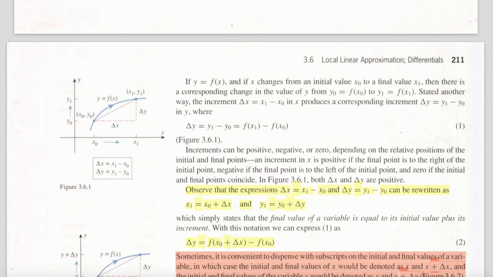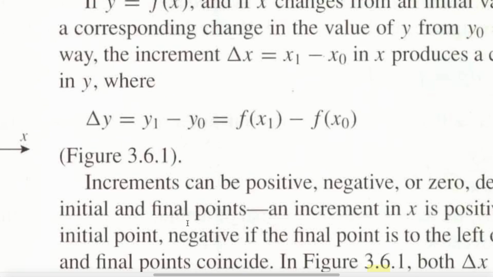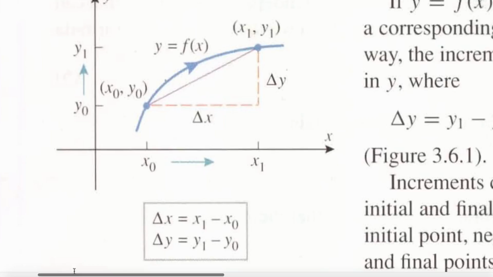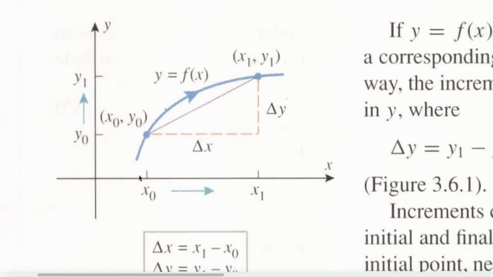Okay, let's go and zoom in on this picture. Make sure we understand the picture. So here's x naught, here's f of x naught, here's x1, here's f of x1. The change between x1 and x naught is what we call delta x, or it's the base of a right triangle.